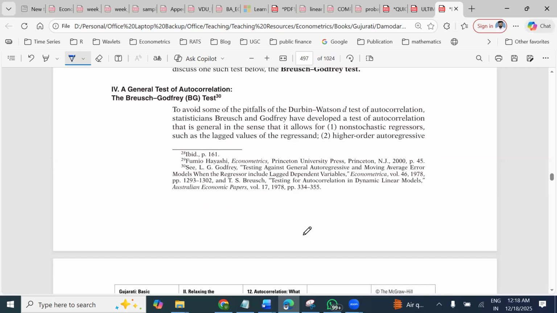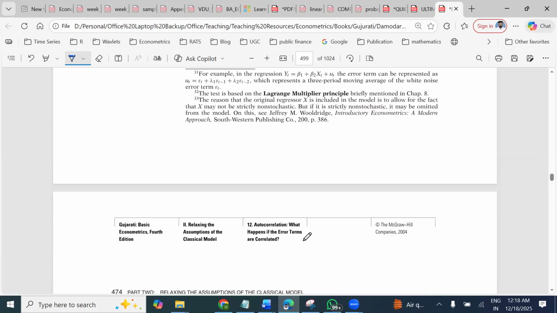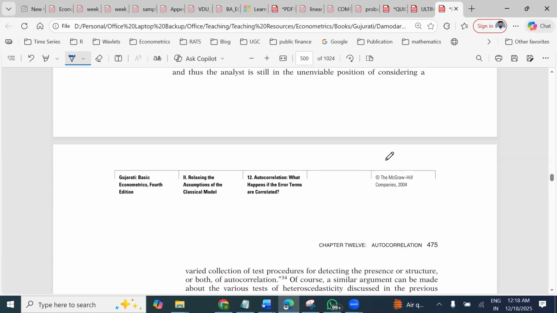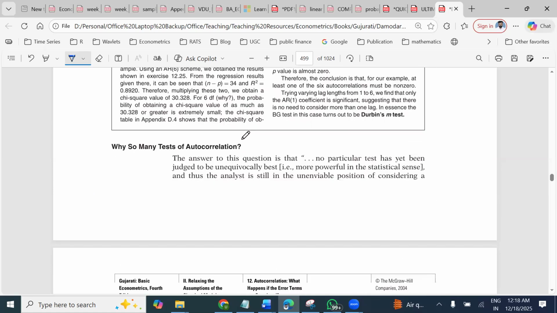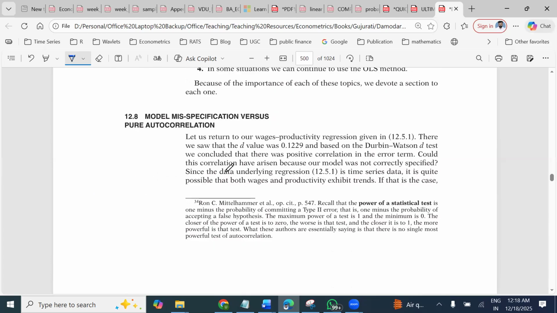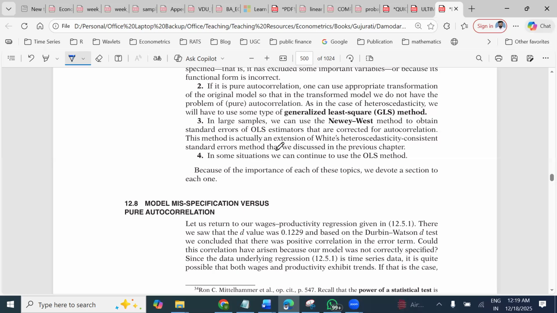Then remedial: GLS is the remedial method, and we use the Newey-West method. This is also extra information for you. Clear?